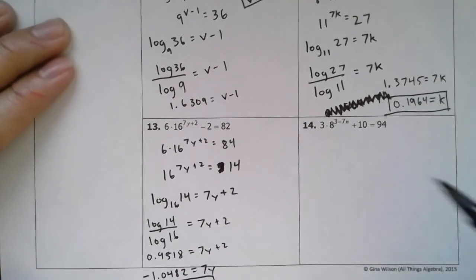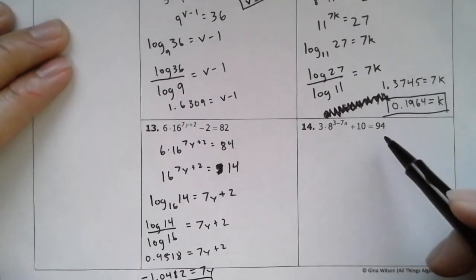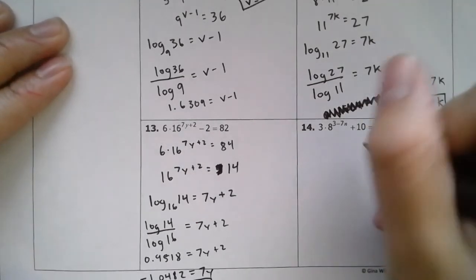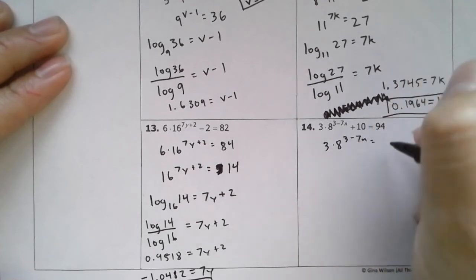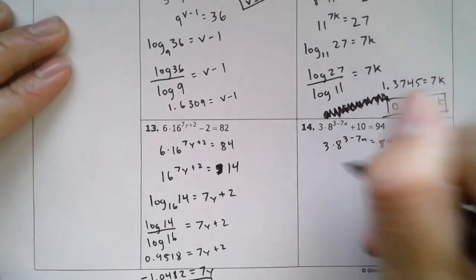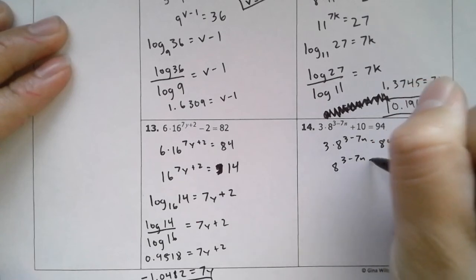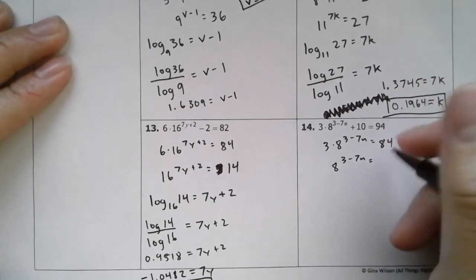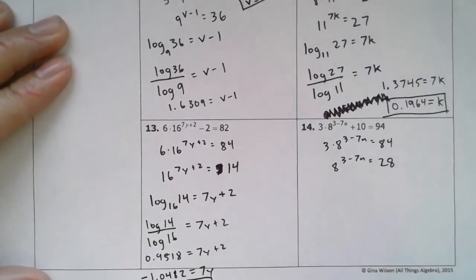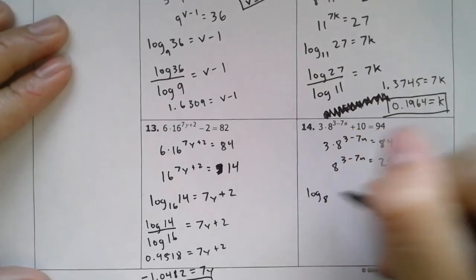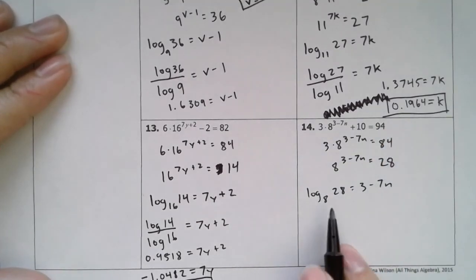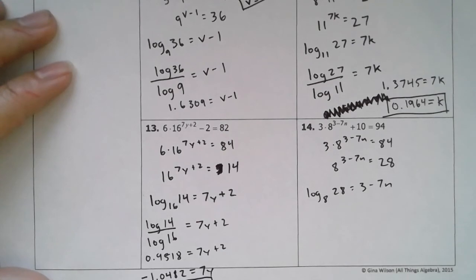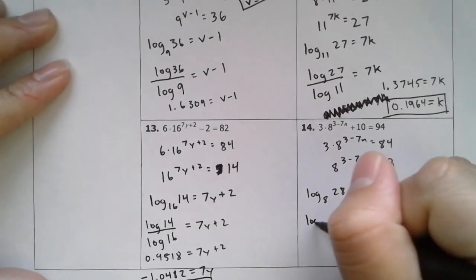For 14, subtract 10 and then divide by 3. And you get left with 84 by 3 is 28. Rewrite this as a log. You get log base 8 of 28 is equal to 3 minus 7n. And again, there's nothing I can raise 8 to get 28, so it's change of base.